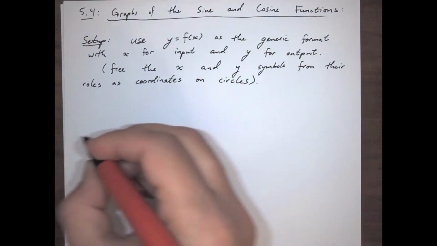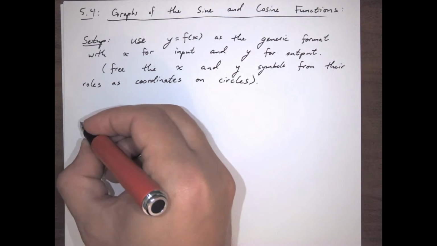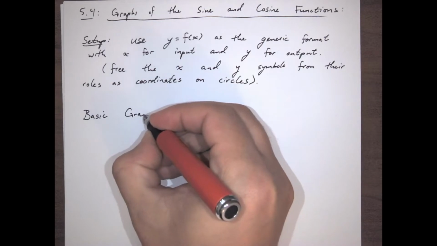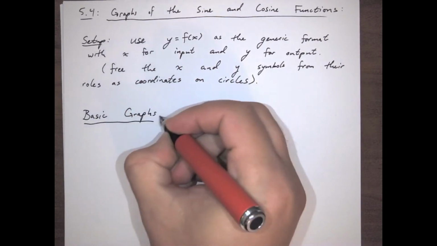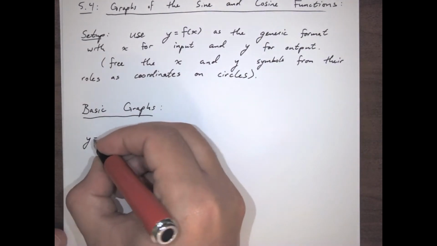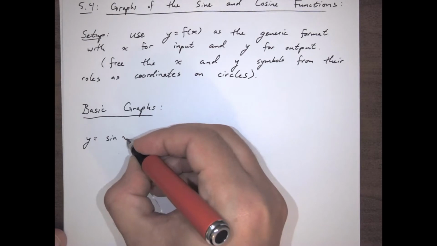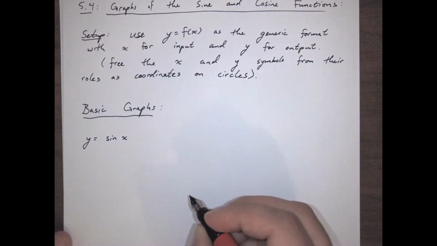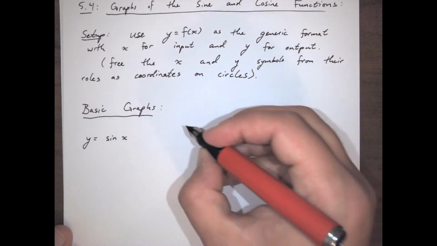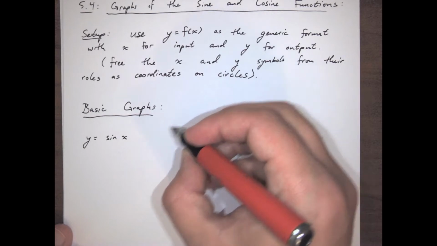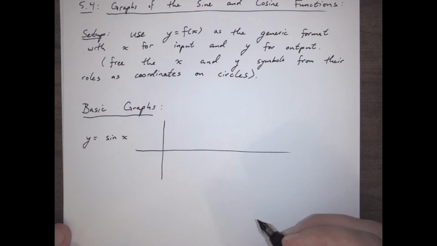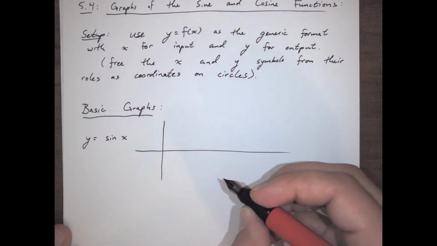Okay, so now first off the basic graphs. So if we want to do y equals sine of x, what we are actually talking about here is the graph which tracks in standard position the position of a bug vertically as it goes around the unit circle.